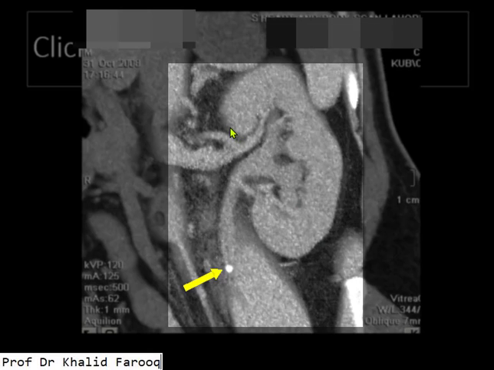Let's see, this is coronal reformatting. We can see the left kidney, and this is the pelvicalyceal system, left upper ureter, and a tiny calculus is noted leading to partial obstruction, mild hydronephrosis and hydroureter.